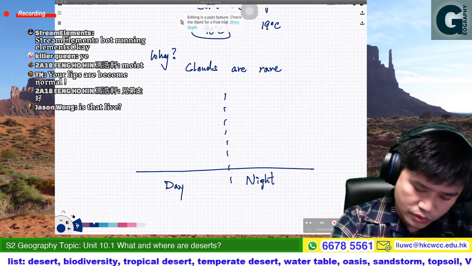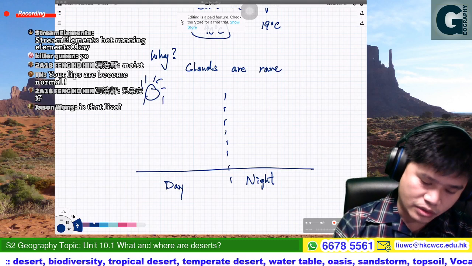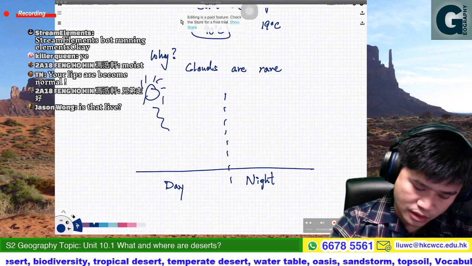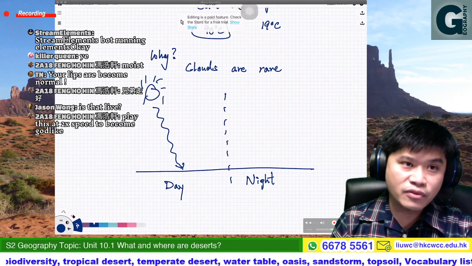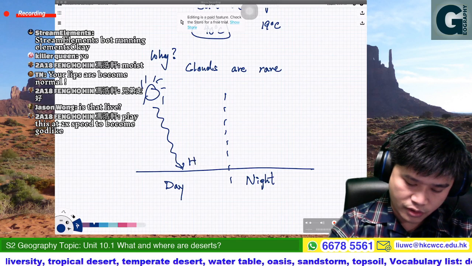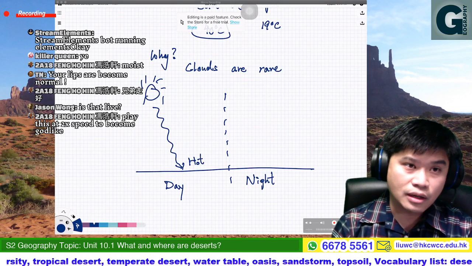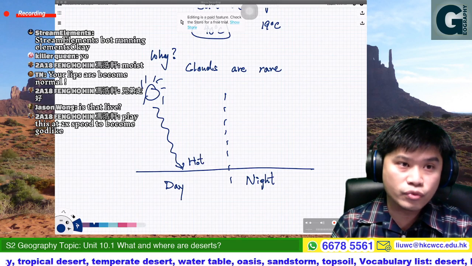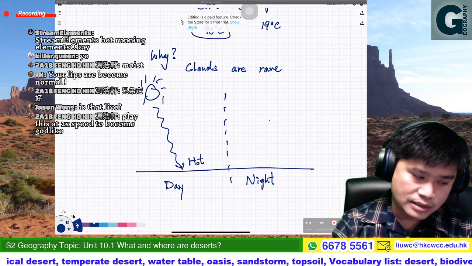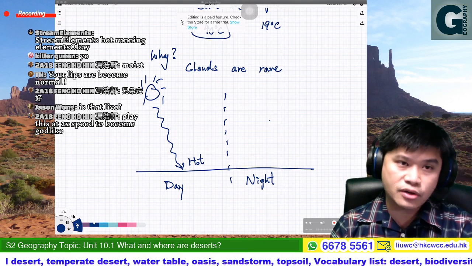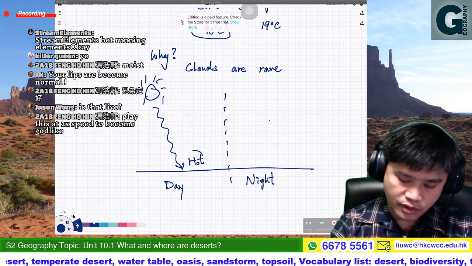For the daytime, the sun shines on the ground, and you can see the solar radiation. It could be very hot. Just now I mentioned there is no cloud cover, so the sunshine can reach the surface directly and make it very hot.